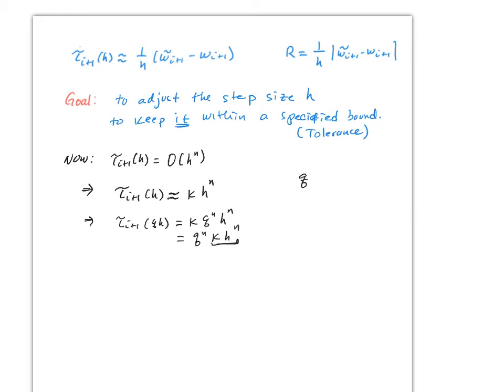But remember, this is what we define to be tau, so therefore this should be equal to, or approximately equal to, q to the n times tau i plus 1 of h, which is approximately equal to q to the n over h times w i plus 1 tilde minus w i plus 1.